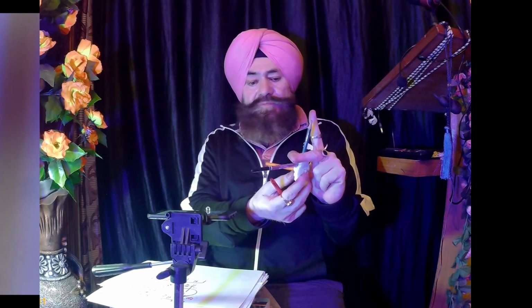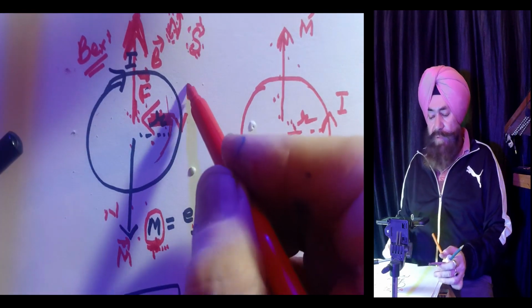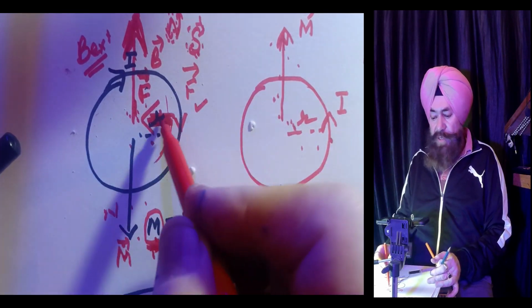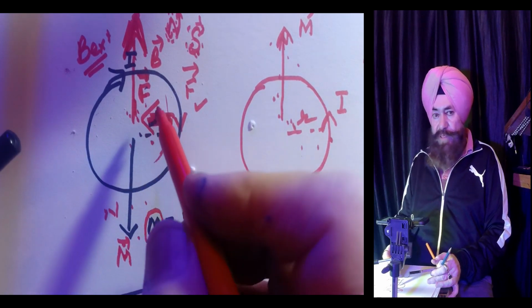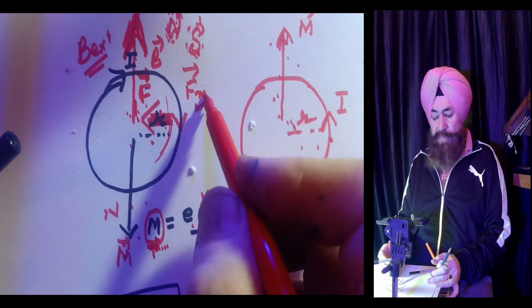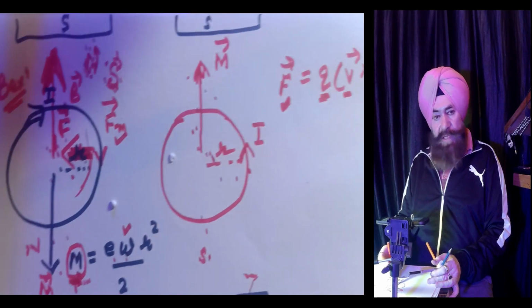This is the magnetic field, the direction of the current, and the direction of the force, the Fleming left-hand rule like this. So what will happen? This force favors the centripetal force, because centripetal force is always towards the center of the circle. That means the magnetic force is in favor of the centripetal force.